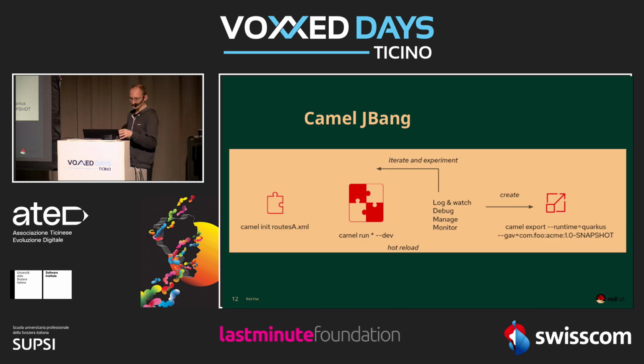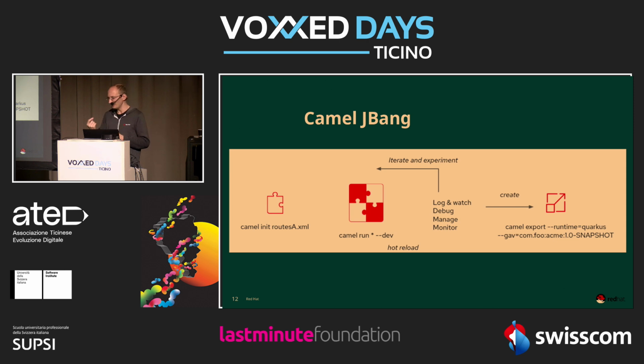This is best illustrated with this typical workflow. On the left, camel init routes a.xml. By the way, this is XML DSL, but we support Java, YAML, whatever. You initialize your route, and with camel run star --dev, you will see that your route is instantly logging what's happening, and when you change the source of the route, edit the XML file, the Java file, whatever, you see immediately the results.